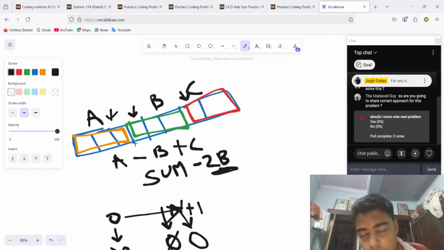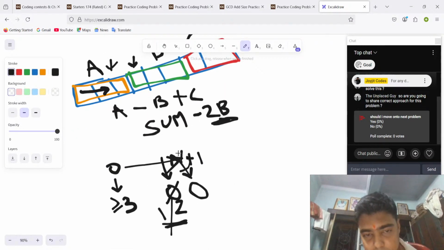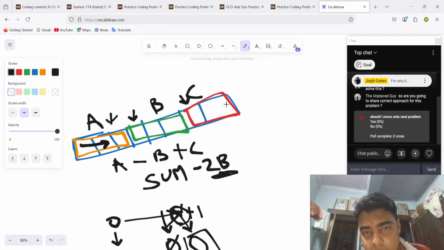Okay, so what we can do is traverse throughout the first part till we find that the max is equal to our expected max, where it was 0. Then we can also traverse from the end till we find the max.